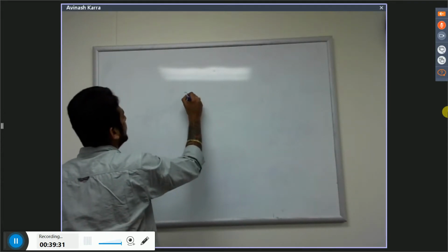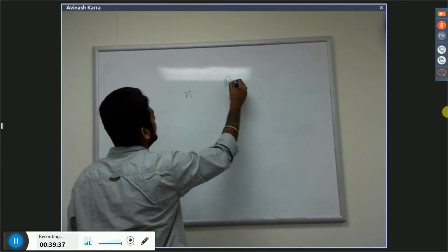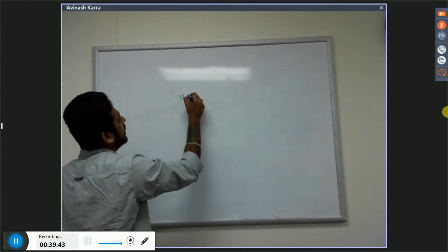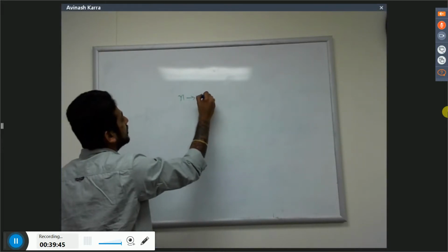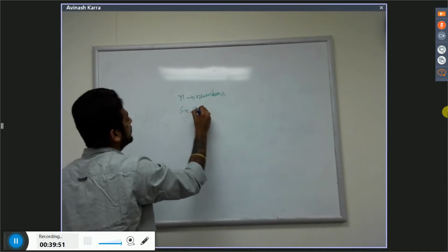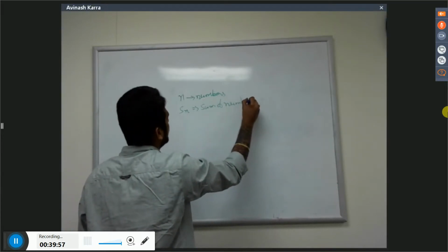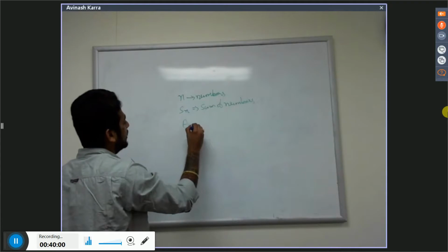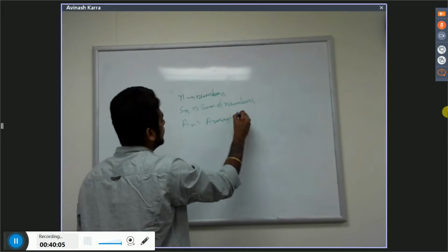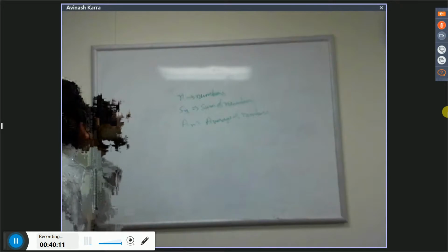See, for example, there are n numbers. Sn is equal to the sum of the numbers and An is equal to the average of the numbers, right?